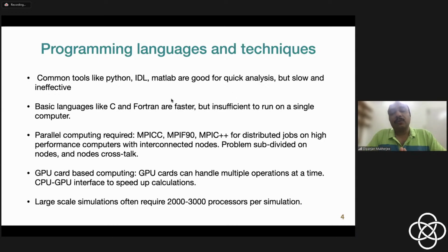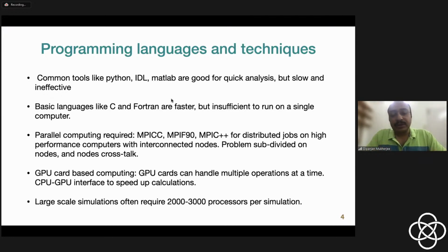But again, the problem is, since we are trying to model actual astrophysical phenomena over very large spatial scales, we often cannot run them on a single processor or a single desktop. So then we have to use parallel computing architecture, which Ajay has been teaching you for the last few lectures.